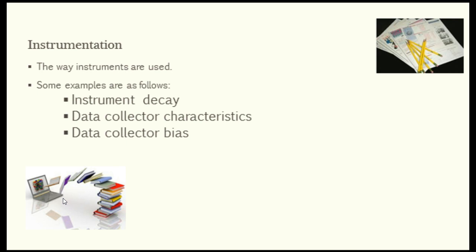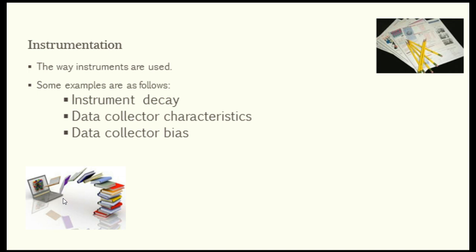Another internal threat to validity is instrumentation. Instrumentation is essentially the way that the instruments are used. When we talk about instruments in research, we're talking about those tools that you use to gather evidence or to actually collect the data. So in this case, it is the pre-test and the post-test.